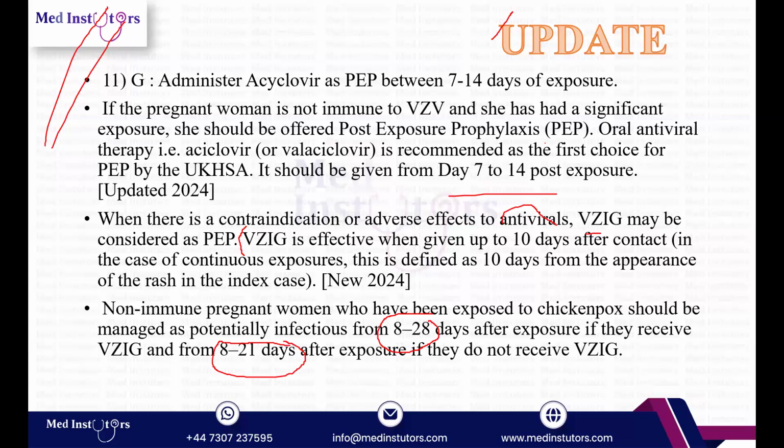How I remembered this was that when you give something, she's infectious longer. When you don't give her anything, she's not infectious as long. So even though immunoglobulin is given, she's still infectious till 28 days. I used to remember it as given, so it's longer.